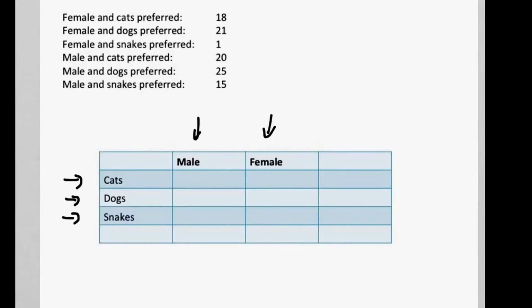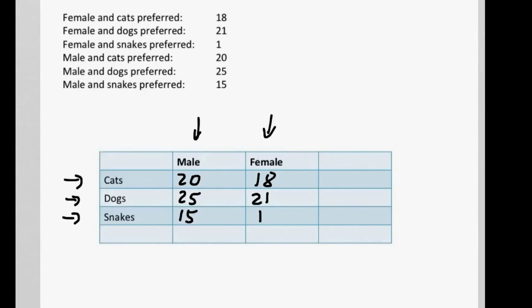So females who preferred cats, we have 18, 21 preferred dogs, and one lady liked snakes best. And for the males, we have 20 who preferred cats, 25 with dogs, and 15 who preferred snakes. So that is our basic table. And you see I've left some columns and rows empty.